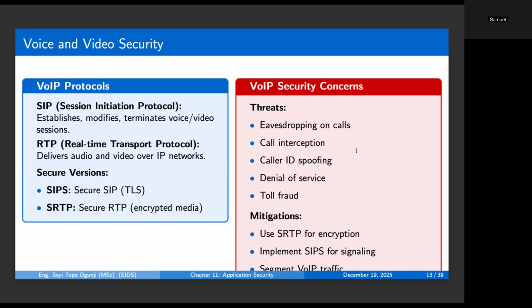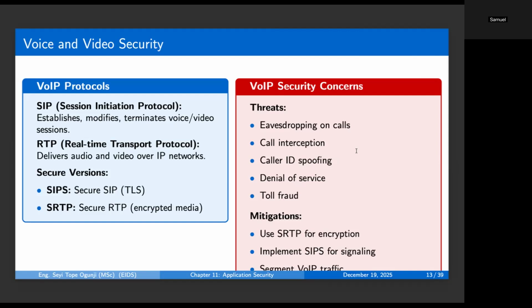Then there is call interception, which is synonymous with plain hijacking. So you hijack calls, and those who are supposed to listen cannot receive it because the call has been hijacked.